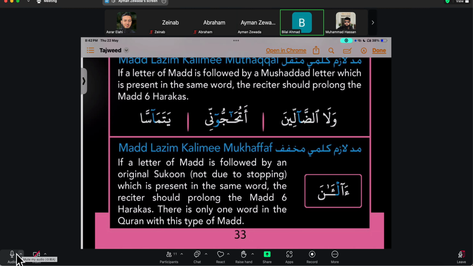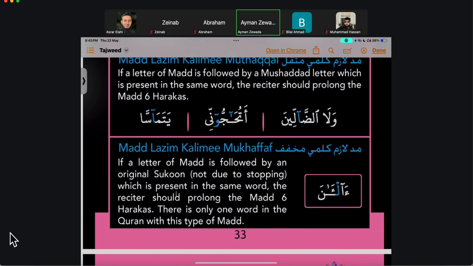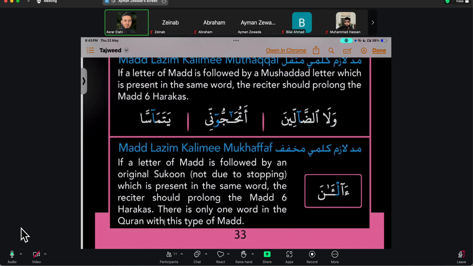Isn't it just a letter that has a sukoon, it's not temporary? Correct. So it has a sukoon that's written on top of it, and it will always be sukoon regardless of where you stop or where you keep going. Oh, you mean you're not temporarily stopping at it. Yep, okay. It's just sukoon because it is that way.